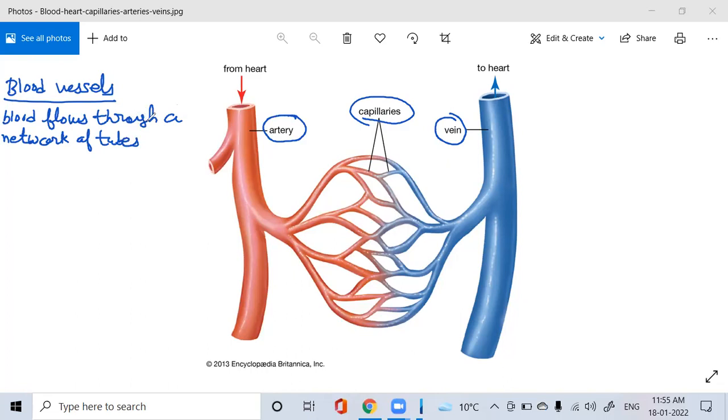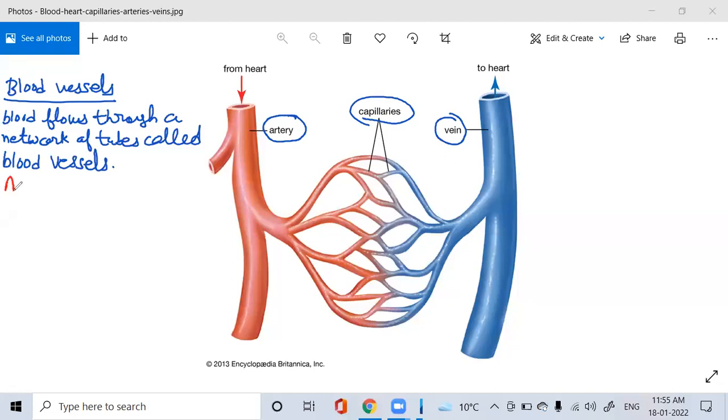These tubes are called blood vessels. Now, one by one, we are going to discuss these.